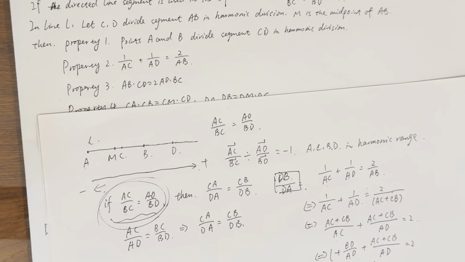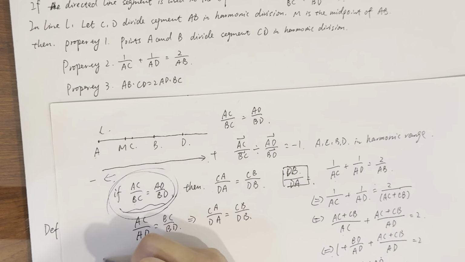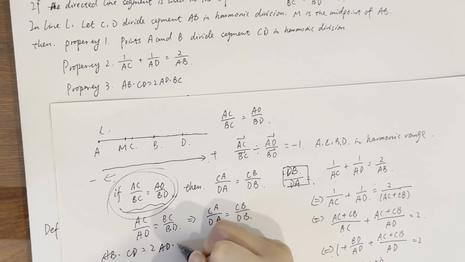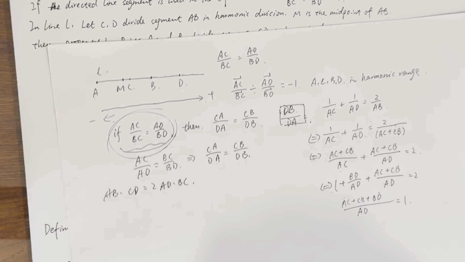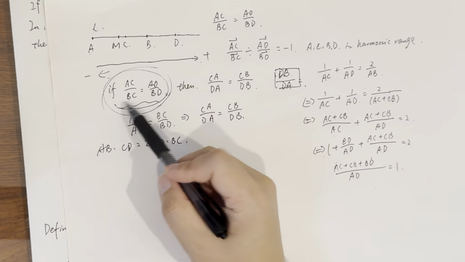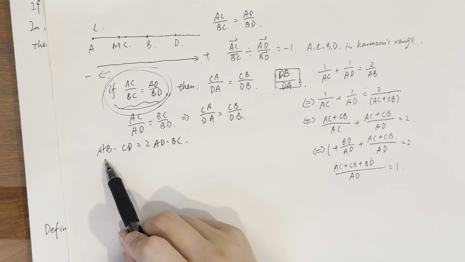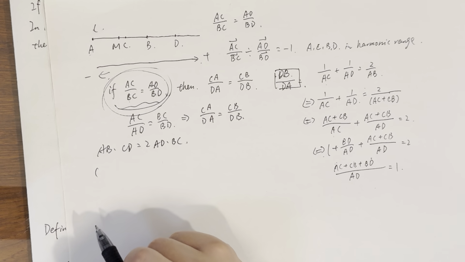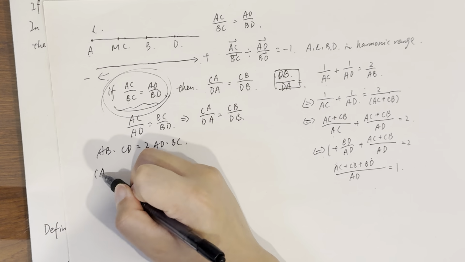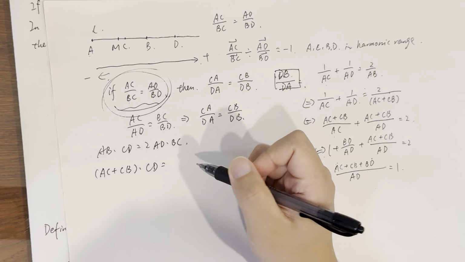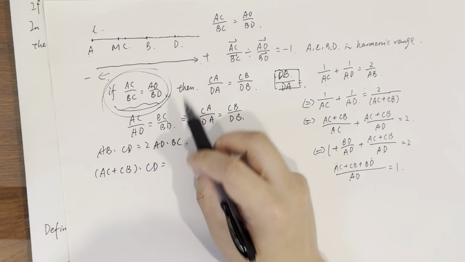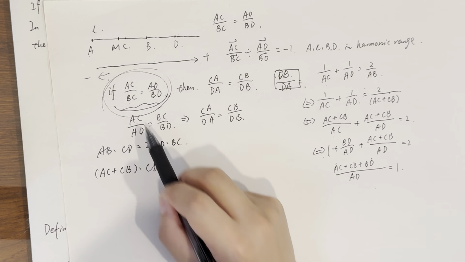Property 3: AB times CD equals twice AD times BC, right? We want to prove this one. Still, this is our problem set. We don't have AB here, so let's break AB into AC plus CB, times CD equals twice AD times BC.